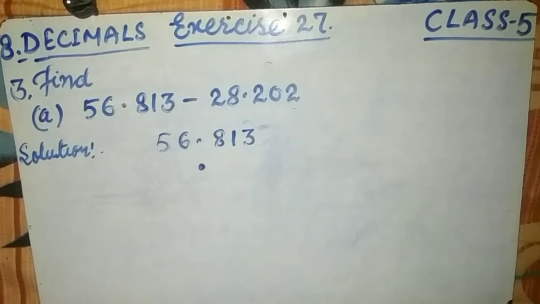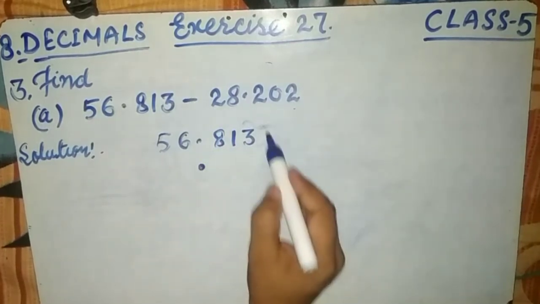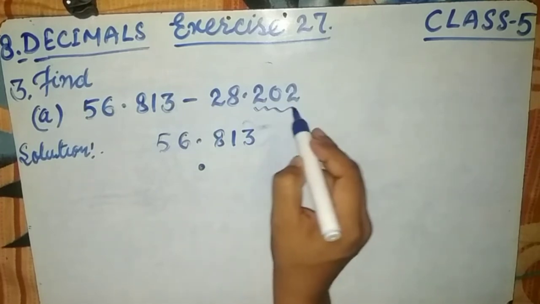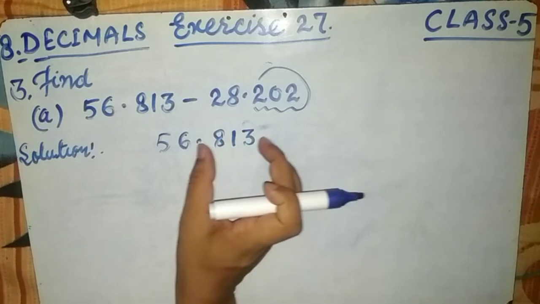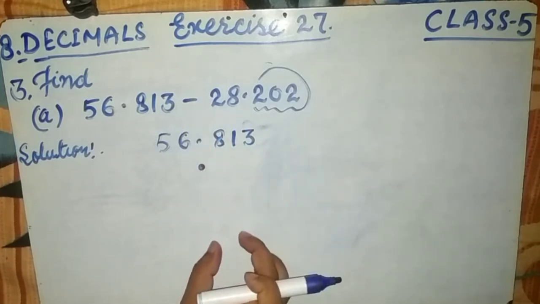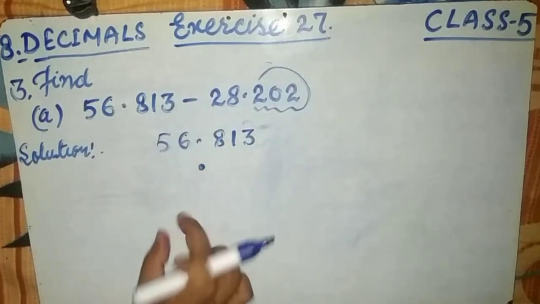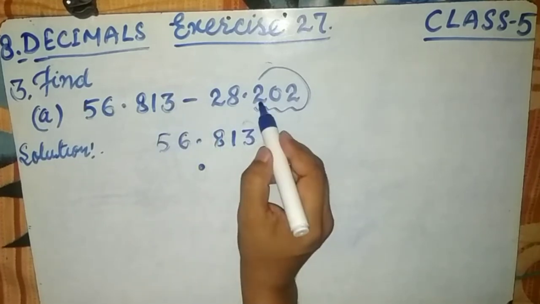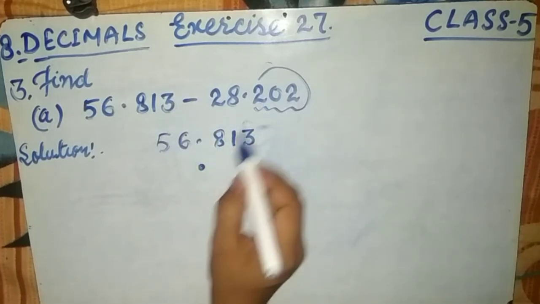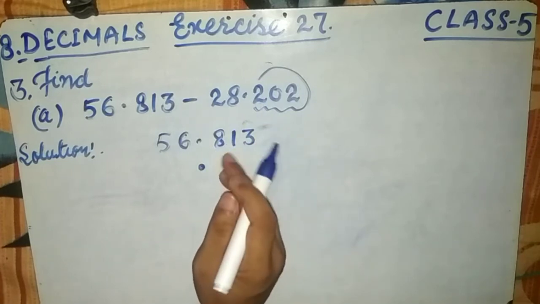Now see, these are the fractional parts and all fractional parts are along the fractional parts, and all integral parts are along the integral parts. Here is the first digit after the decimal, and here is also the first digit. The first digits after the decimal should be in a straight line.